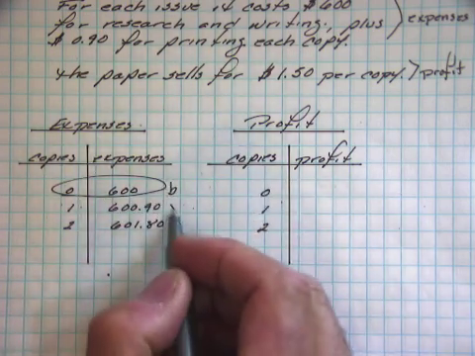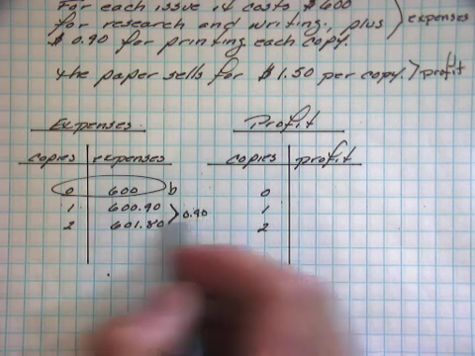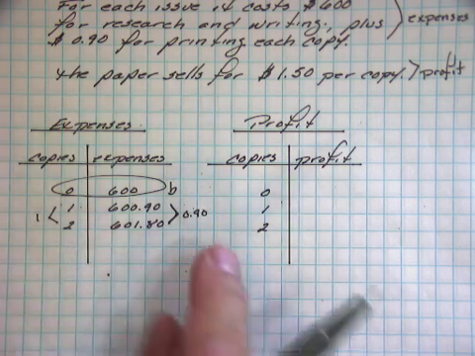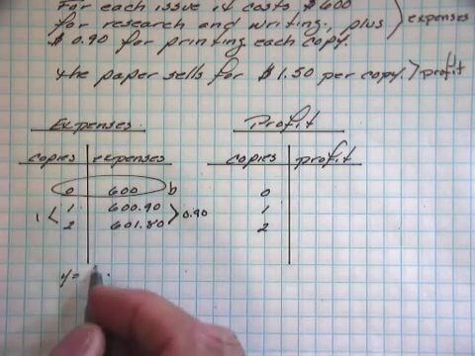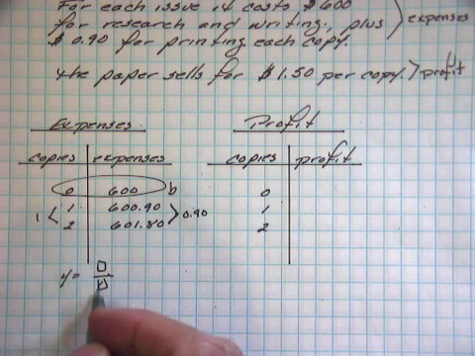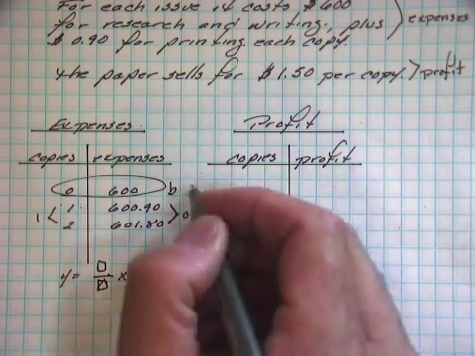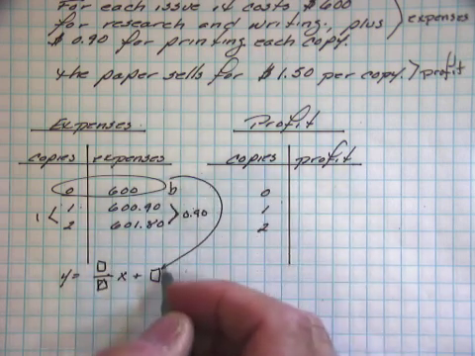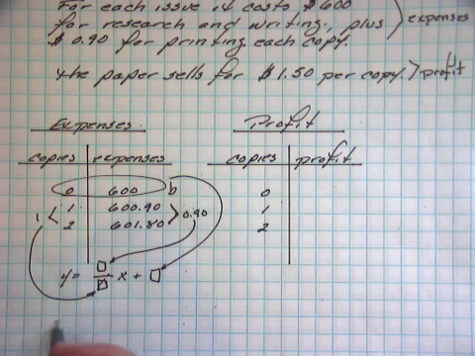Well, you've done this before because you've done equations from tables. There, that's your y-intercept, that's your b value, and the rate of change is 0.90 per copy. So y equals, remember this, where we did delta y over delta x plus b.